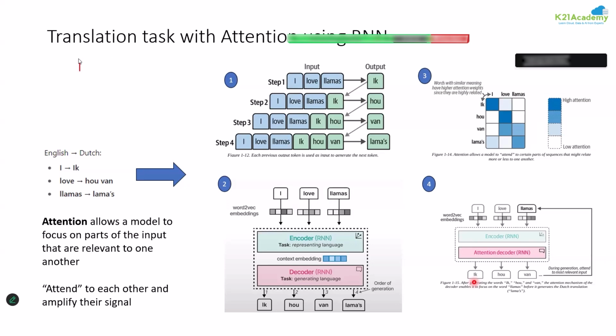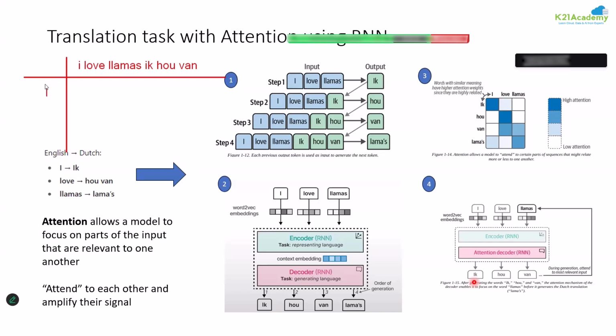Let me put it this way. Now my sentence is I love llamas, ik, who, when. This is the sentence, correct? I told you in the last sequence, this will be the sentence, right? You're getting the point?